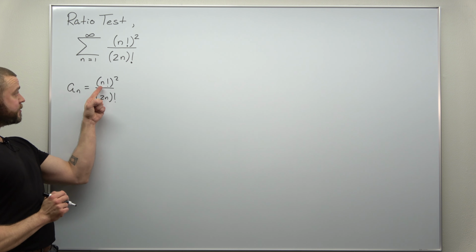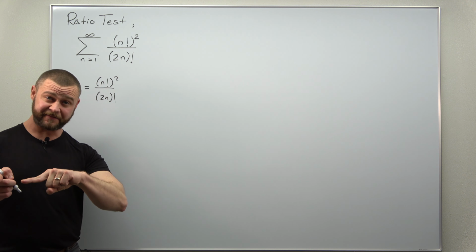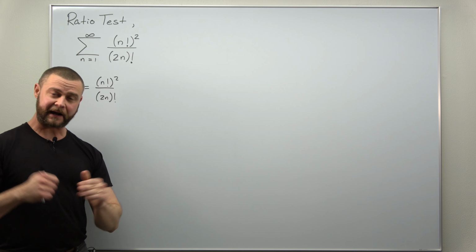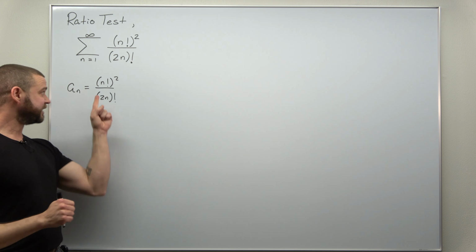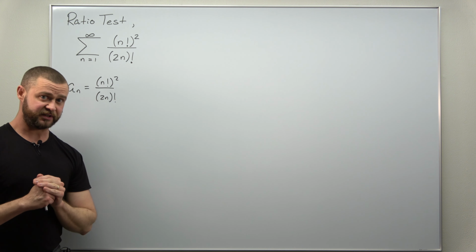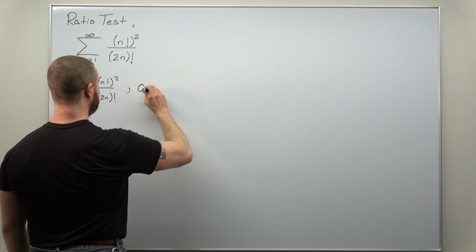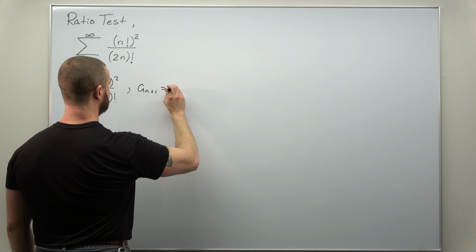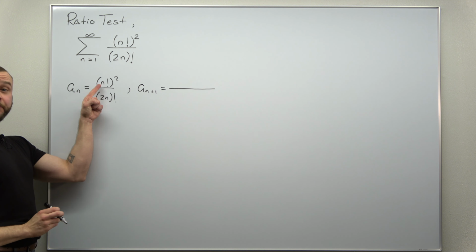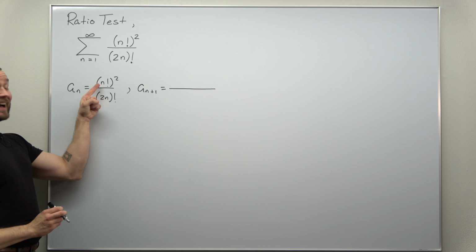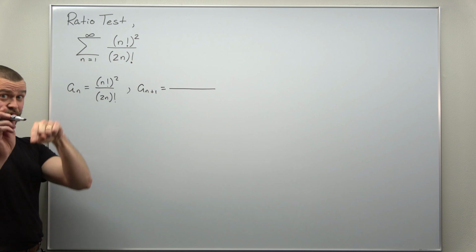Now, we could rewrite that numerator, n factorial squared, as n factorial times n factorial, but let's leave this as is and use parentheses. So we're going to replace all n's with n plus 1. And let's be careful and use parentheses around that n of the factorial in the numerator, which is squared.